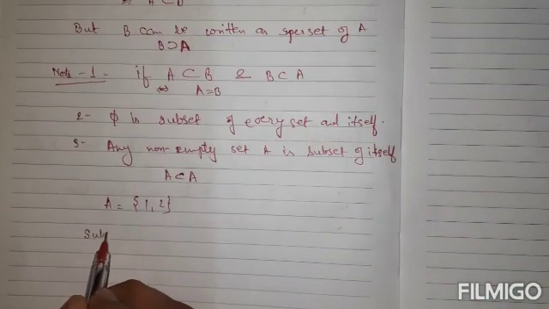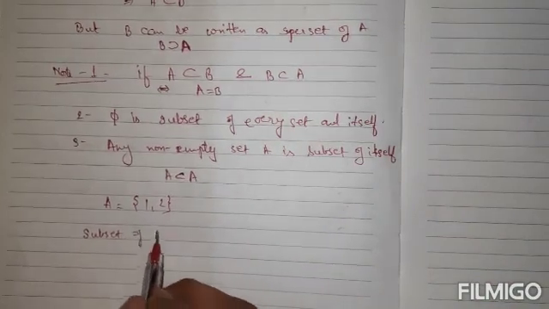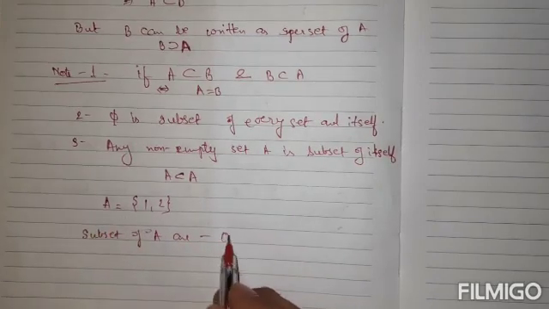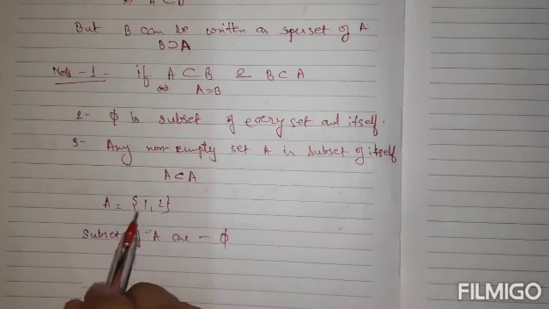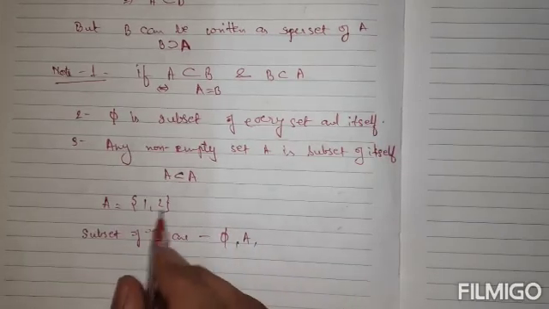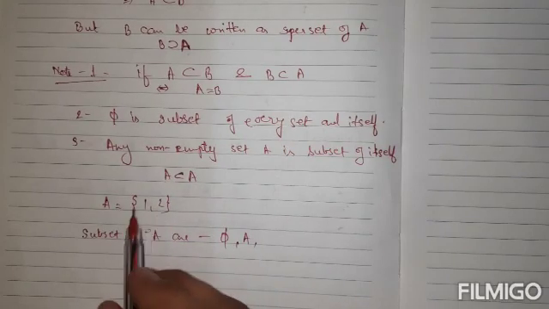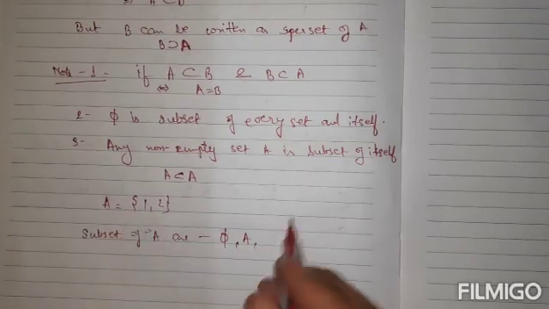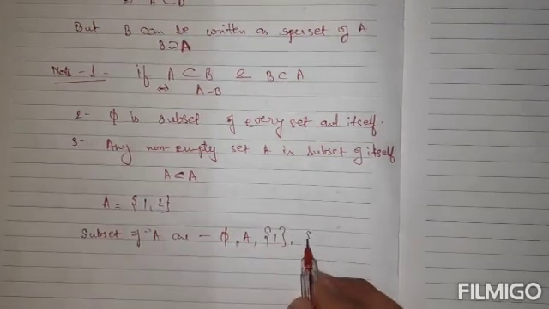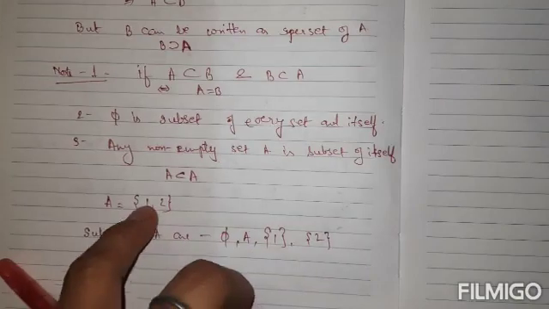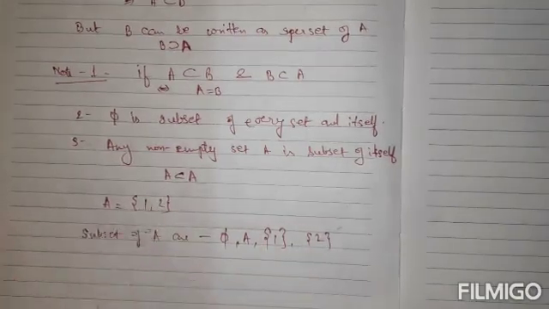The subsets of A are, clearly, one subset is phi that we have just discussed, then another subset is A only, every set is a subset of itself, and other subsets of A means those sets of which elements are present here. This is a singleton set in which only one element 1 is present. This is also a subset of A. Similarly, this is also a subset of A.